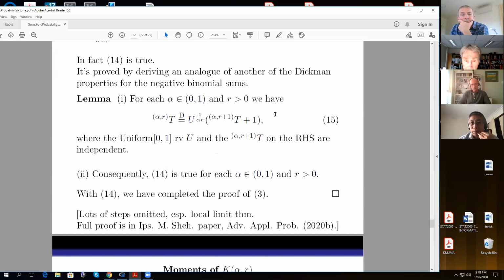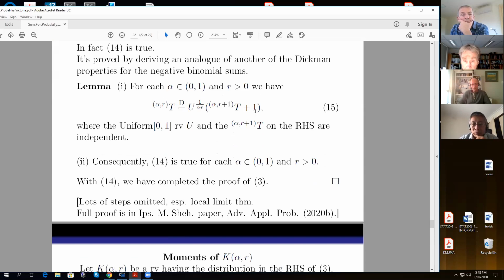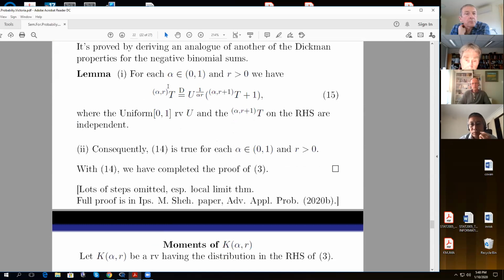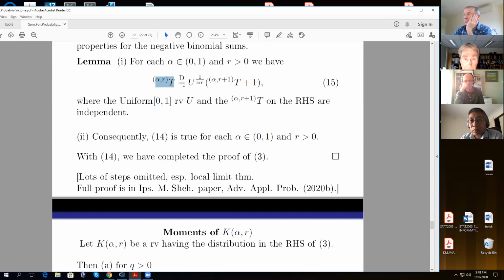And one of the kinds of properties which people familiar with Poisson Dirichlet will recognize the genesis of this as being that we can take this alpha R T, remember that's the sum of the negative binomial points, and it satisfies this identity. Here's alpha R plus 1 T plus 1, multiplied by an independent uniform. We have to bring in a power here to make things work, but it satisfies this identity here. This identity here is a generalization of a known identity for the Dickman.